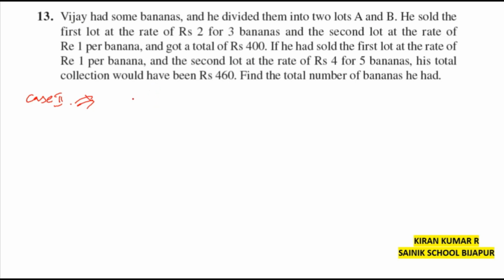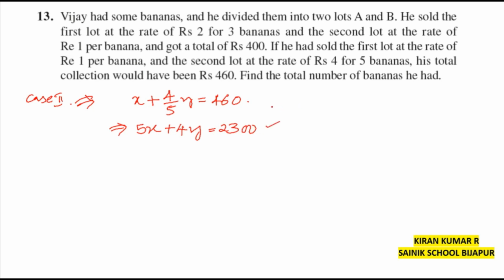So the equation becomes X plus 4 by 5 times Y equal to 460. Once again, taking LCM and cross multiplying, I get 5x plus 4y equal to 5 times 460, which becomes 2300.